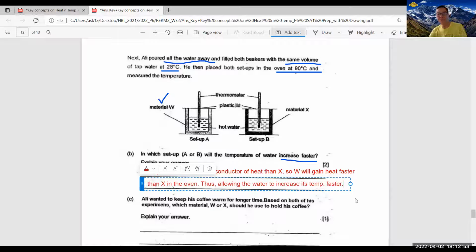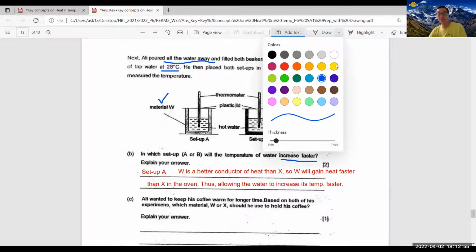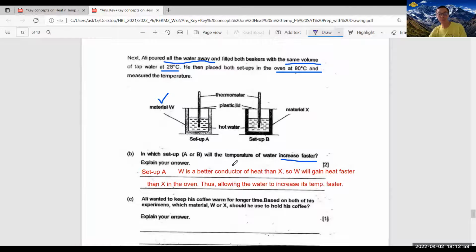Okay, so this part. So once again, you must indicate the reason: W is a better conductor of heat than X. So W will gain heat faster than X in the oven, thus allowing the water to increase its temperature faster.